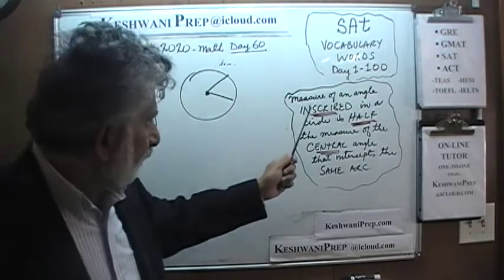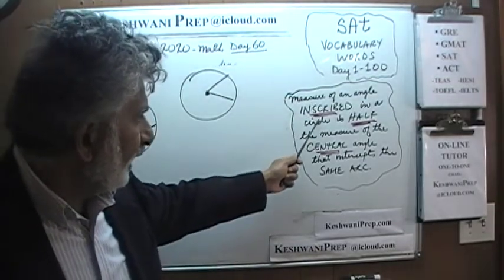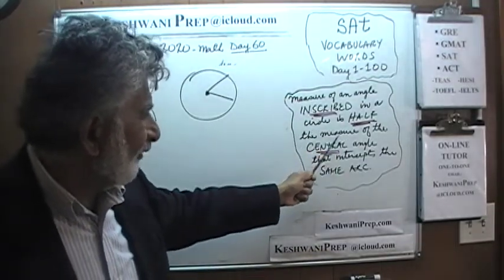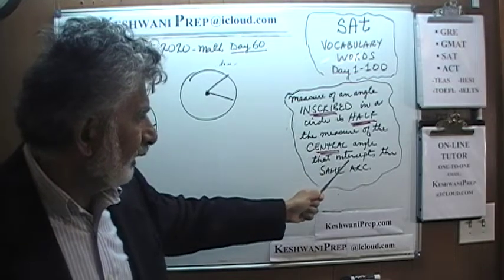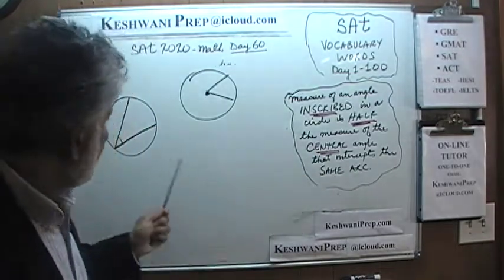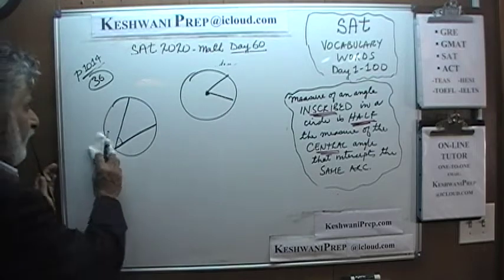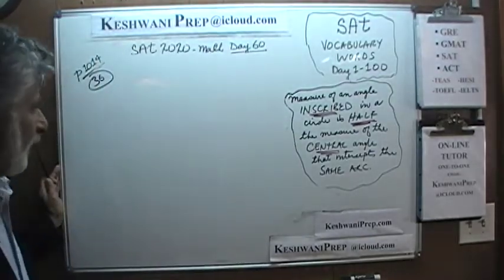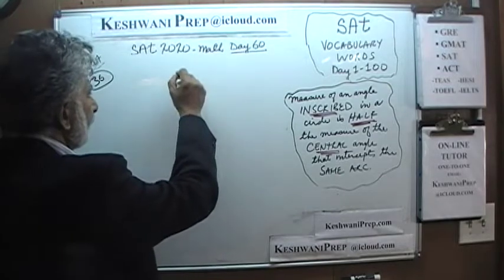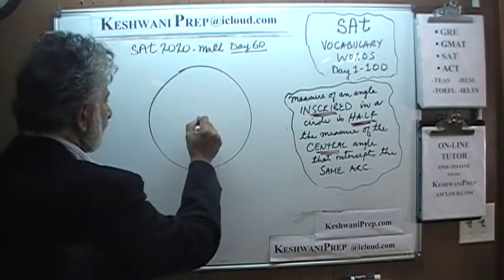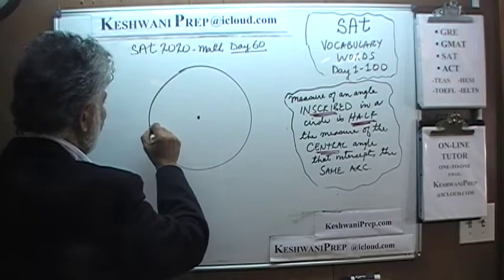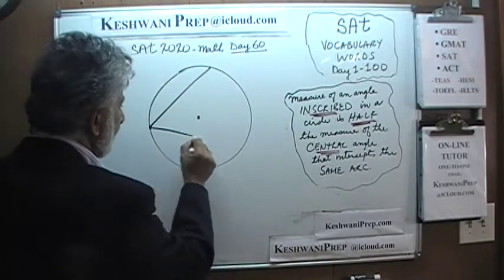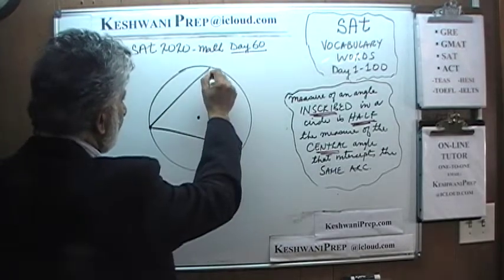One more time, the measure of an angle inscribed in a circle is always half the measure of a central angle that intersects the same arc. So they have to share the same arc. Let's put them in the same circle where they share the same arc. So let's first draw this guy right here, and then let's draw this guy.